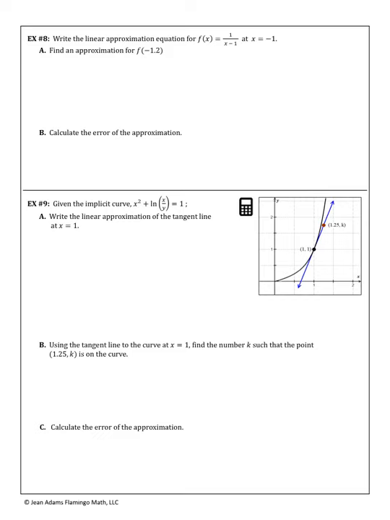So we're going to start off by finding our ordered pair. f of -1 is equal to 1 over -1 minus 1, which equals 1 over -2, so -1/2.